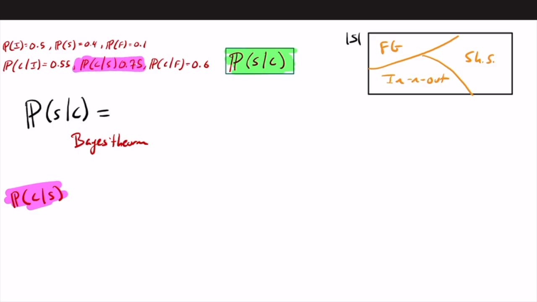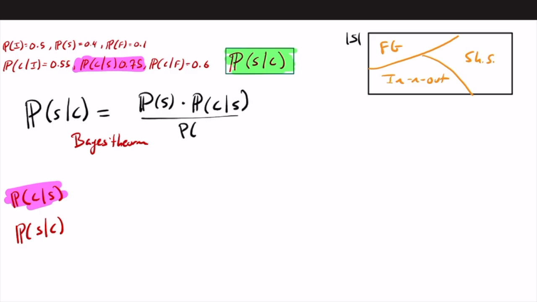What we want is the probability of it being a Shake Shack burger given a correct guess. So Bayes' theorem is a natural tool that we can use to solve that. The probability of a Shake Shack burger given a correct guess is the probability of a Shake Shack burger times the probability of a correct guess given a Shake Shack burger, over the probability of just getting a correct guess. And that is the one thing that we do not have.